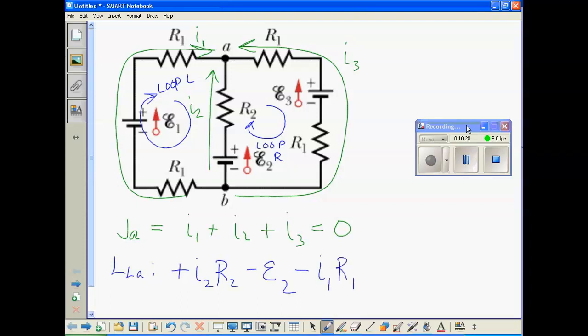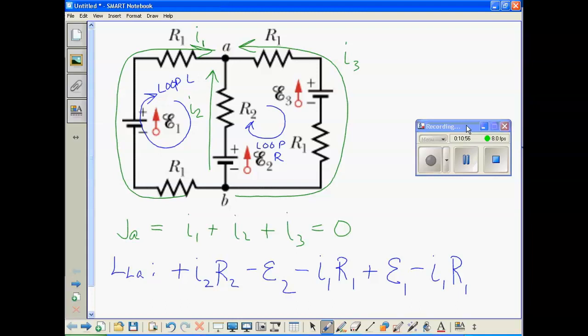That's I1 times R1. Continuing on, I get to the EMF device, and now the direction of my going around this loop does match the EMF arrow, so I put a positive E, and that's E1. And then the last element that I find in that loop is another resistor. Notice I'm still going in the direction of my current I1, so it's a drop of I1 R1 again.